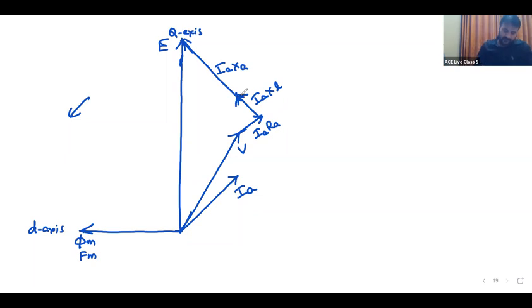This is IA ZS. Okay, this is the phasor diagram of the alternator.